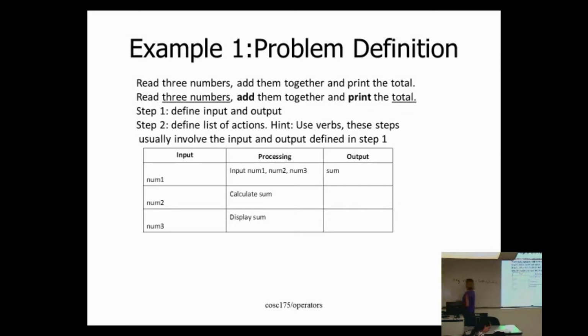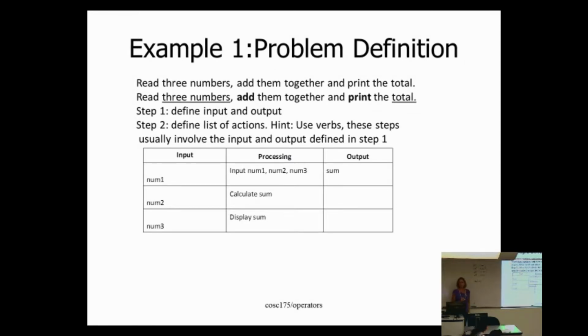Okay, so everybody's got declarations. You either chose int or float. It doesn't matter. Int num1, nice and pretty, lined up. Int num2. Input num1, num2, num3. Skip a line.